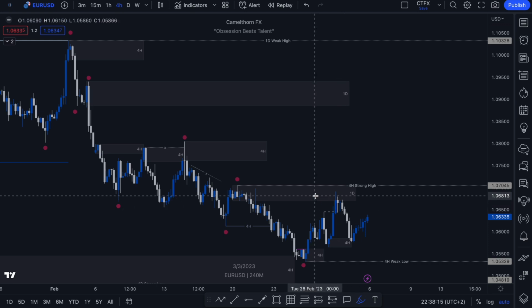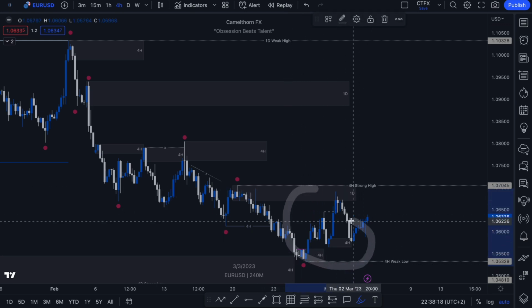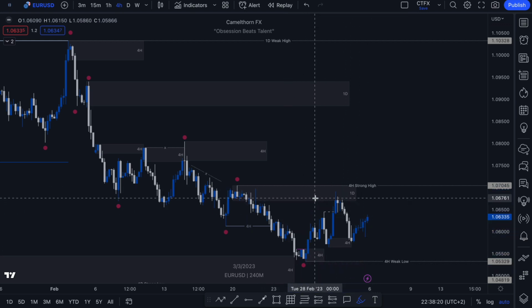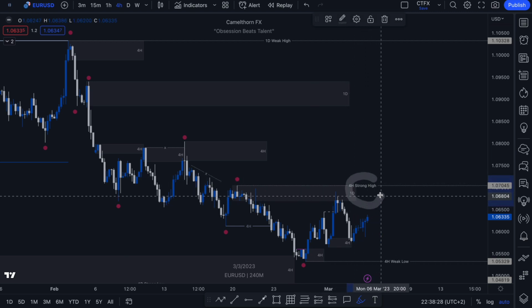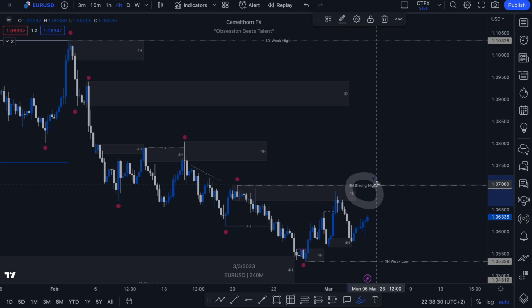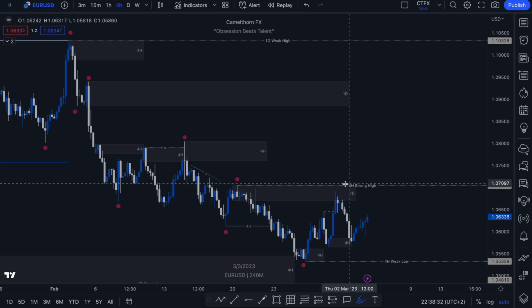Even though we are currently trading within a bearish range on the 4-hour chart, we will know for sure that the bullish continuation on the daily chart has started once this 4-hour strong high fails. Okay, I'll say that again.